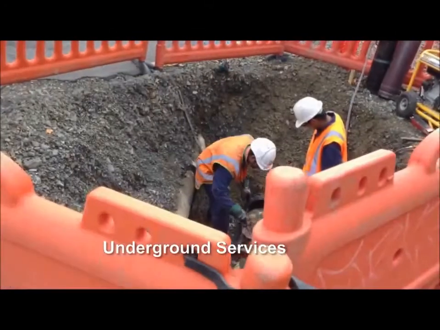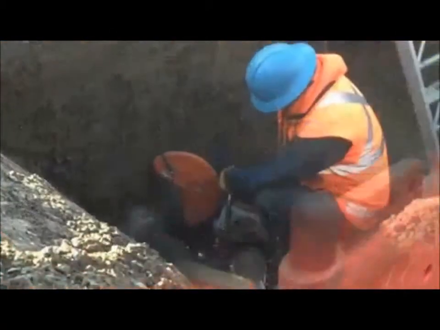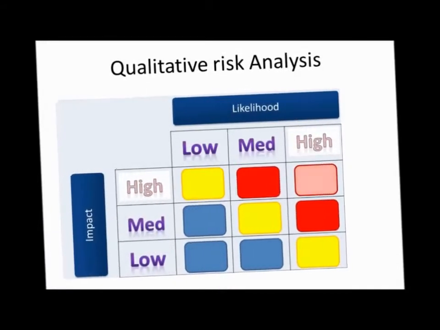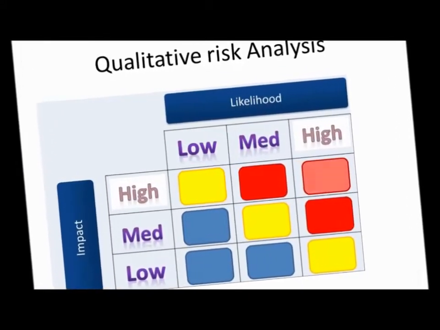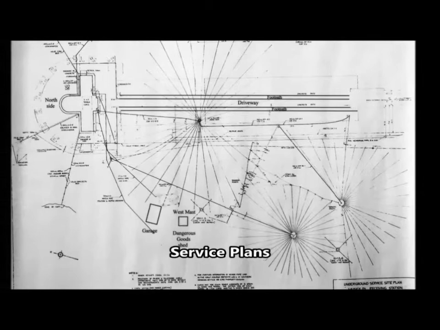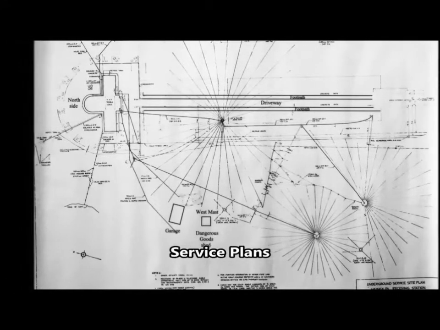The risk of striking underground services such as telecommunication lines, power mains or water mains, causing financial loss, injury or loss of life was high. The team chose to avoid this risk by obtaining service plans from the council and locating each service before excavating.